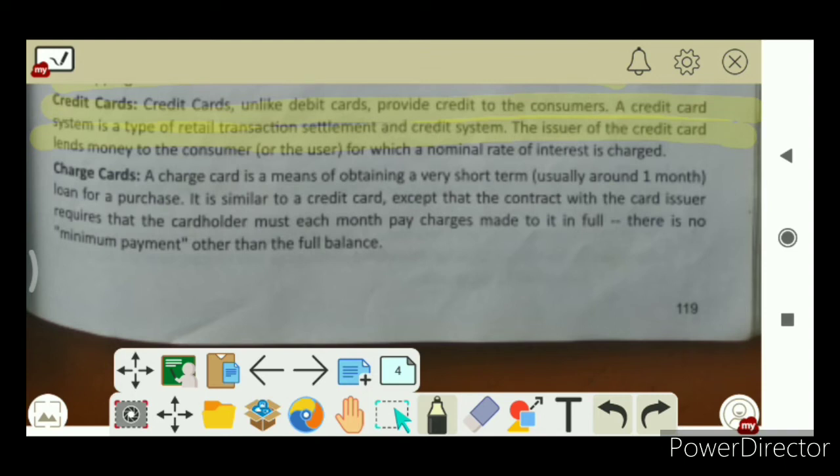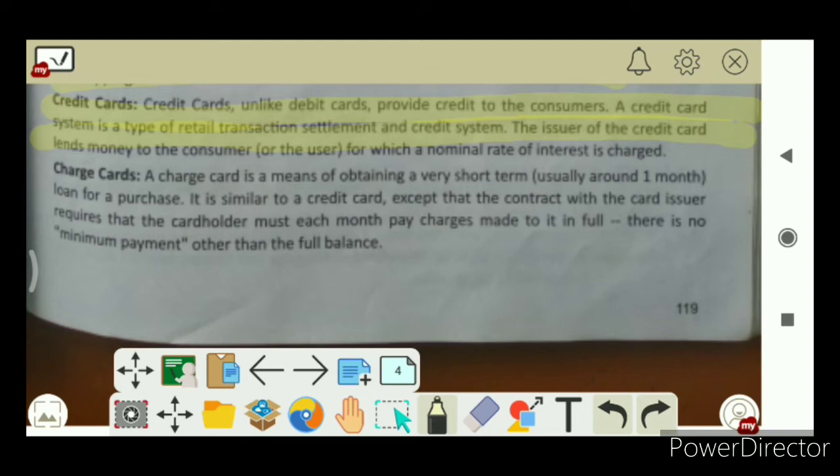Banks generally lend money to the consumer, and on the money some interest is charged. So this is the card which is also used in e-banking. Here another card is there, charge cards.